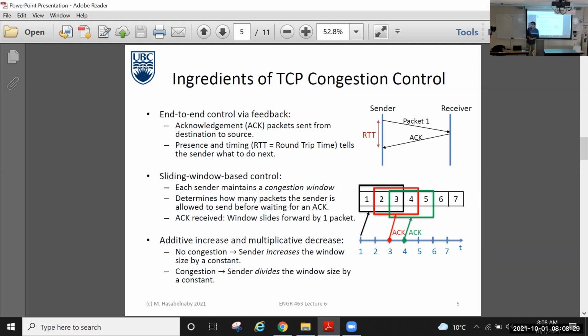Okay, we have a sender, and for sure we will have a receiver. The sender will send a packet to the receiver.